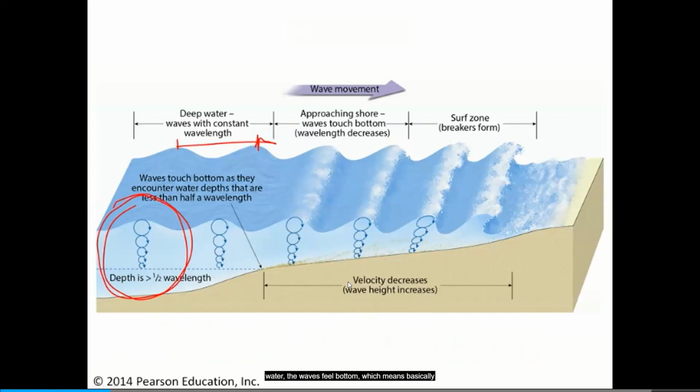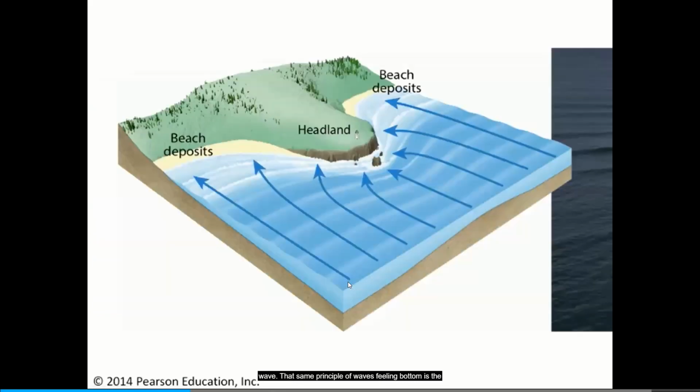However, over shallower water, the waves feel bottom, which means there's wave particle motion that wants, quote unquote, to be at a greater depth than the bottom of the water. As a consequence, there is frictional drag, the waves tend to pile up higher, and they tend to tip over as the top of the wave moves faster than the bottom of the wave. That same principle of waves feeling bottom is the reason that we see wave refraction.